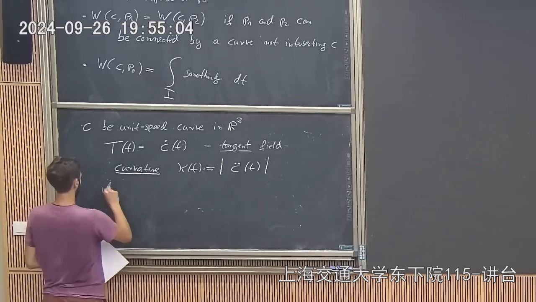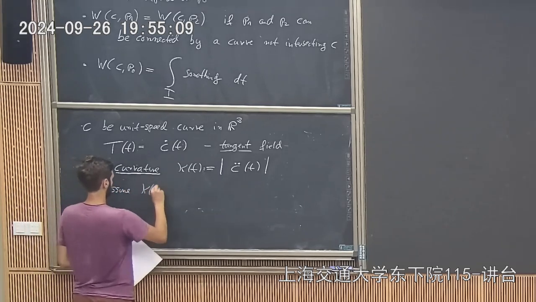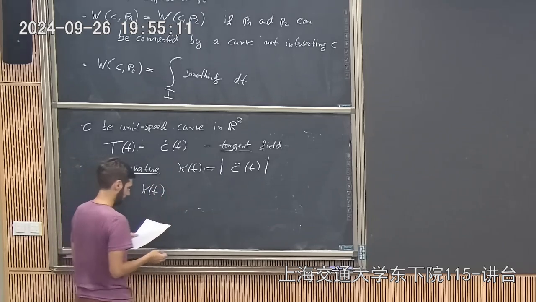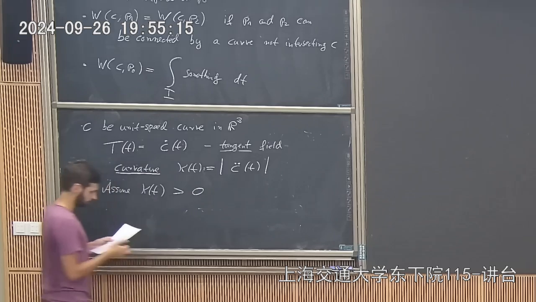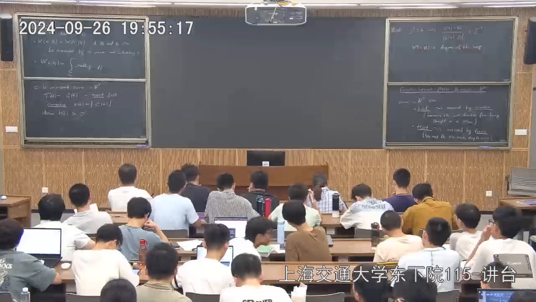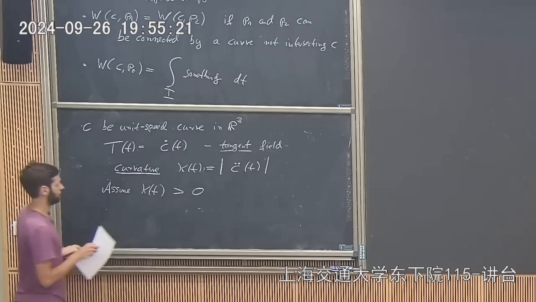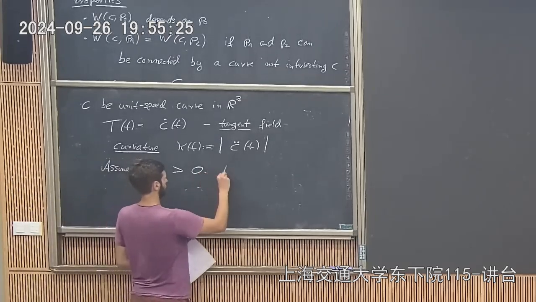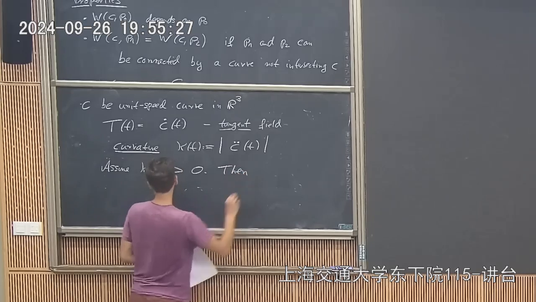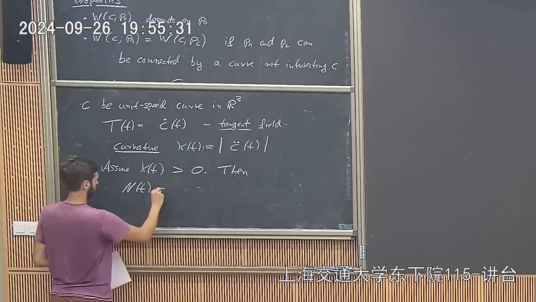And now we assume, what we already assumed quite often, that the curvature at a certain point is bigger than 0. And we do that because we want to normalize our second derivative.